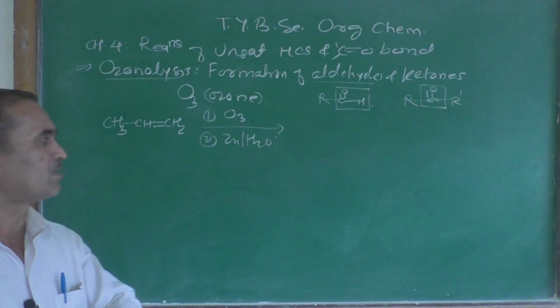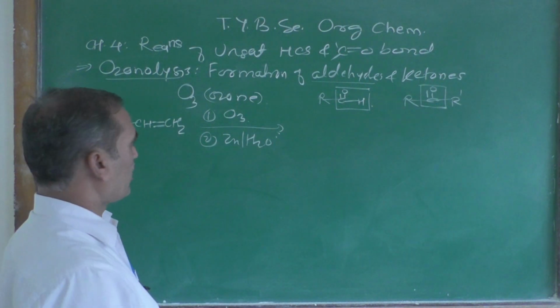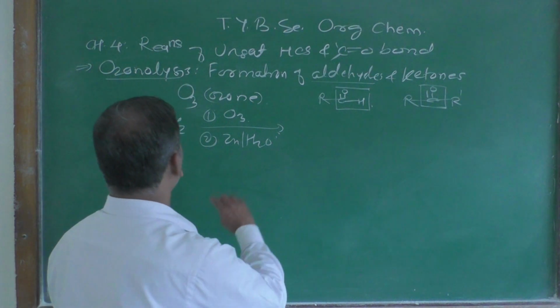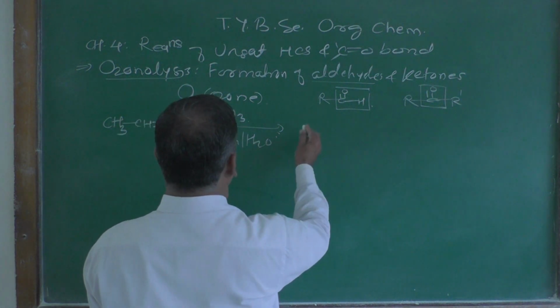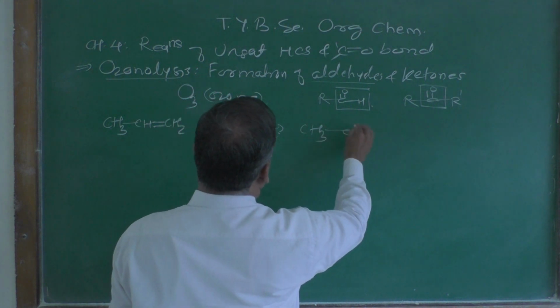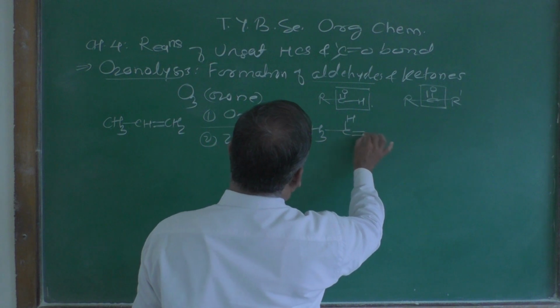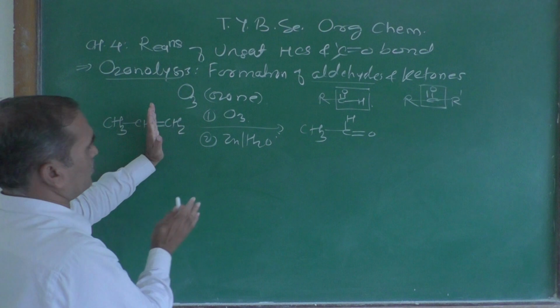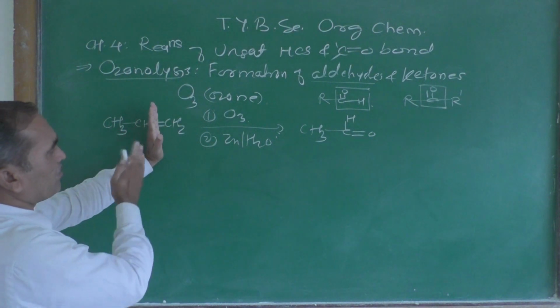Zinc is zinc dust, we are generally referring to. Now zinc in presence of water, what does it give? It gives the product like this, CH3, then H. I am writing it purposely, because it is a classical method to break the carbon-carbon double bond.